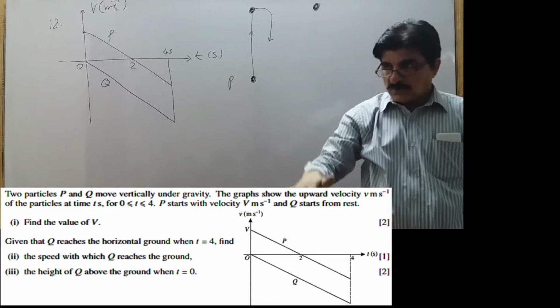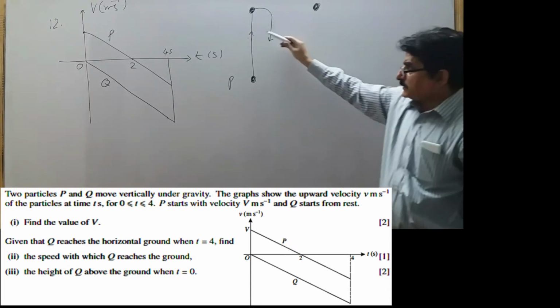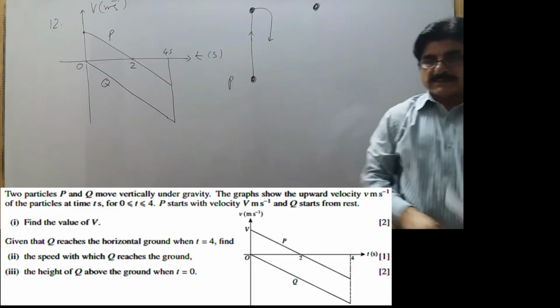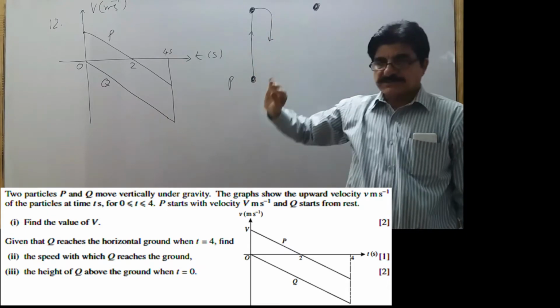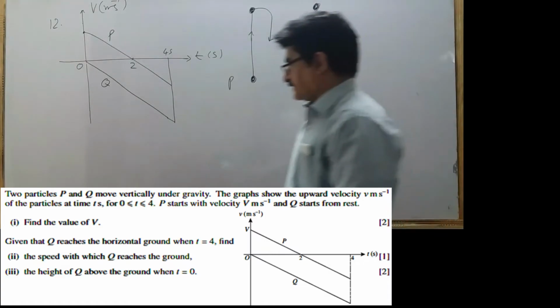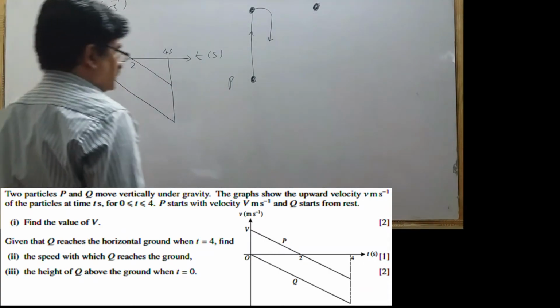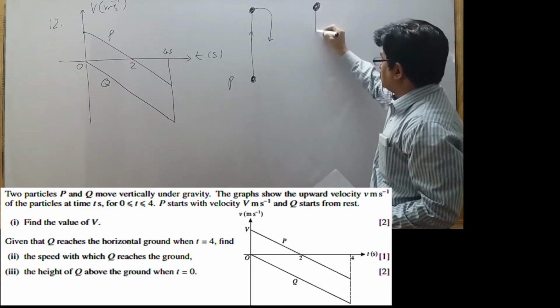So Q is moving down and P is moving up. The upward direction is taken as positive. So velocity in the upward direction is positive and in the downward direction will be negative. This is a very important point. So P is moving upward and the particle Q is moving downward.